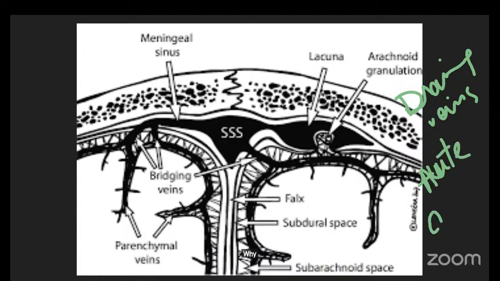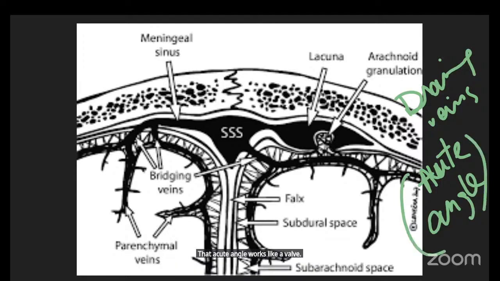Why is that important? It is important because that acute angle works like a valve. We know that the veins are valveless structures, especially the sinuses. So when the veins are ending into it, if there is an acute angle, retrograde flow into those veins is very less likely unless there is a pathology.